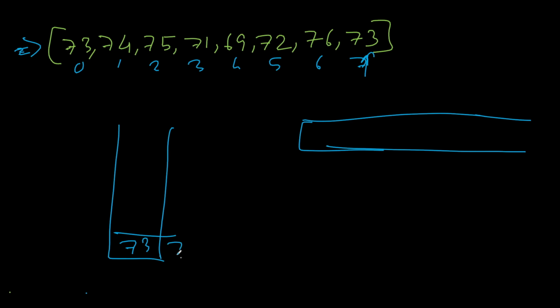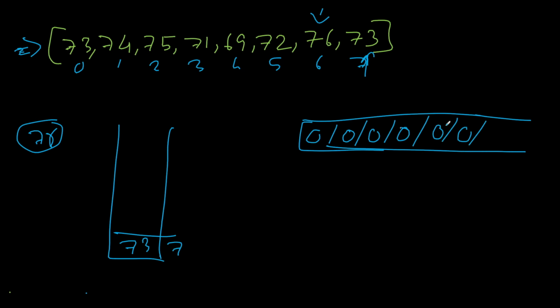So it's index 7. Then we will come to this index, 76. Is 76 greater than 73? It is, right? So let's also fill this with 0.